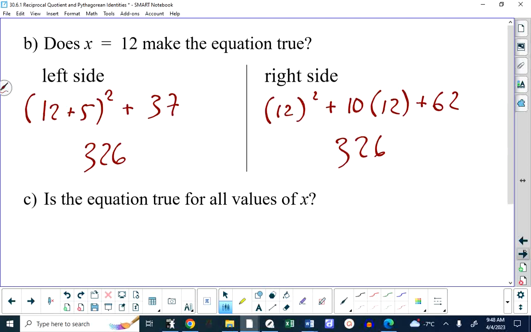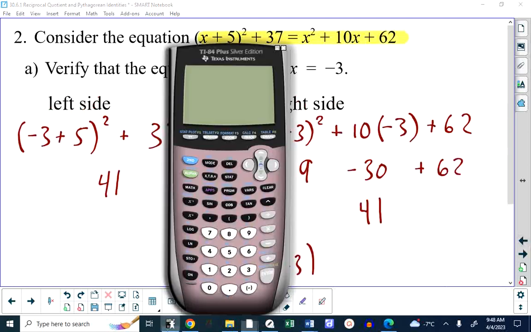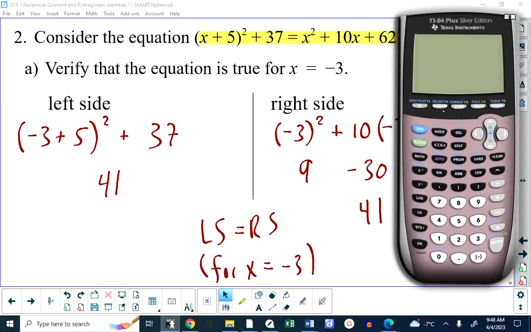Is the equation true for all values of x? Well, one of the ways that we can make our job a little bit simpler here is not to have to crunch the numbers each time, but to put in, I'm not talking about graphing anything here, I'm just using my calculator to make my job easier.